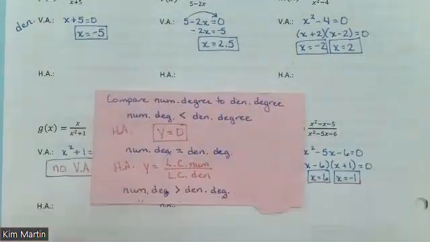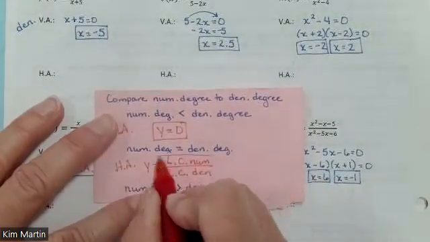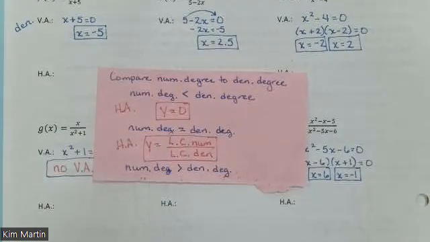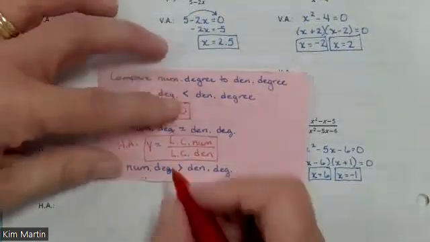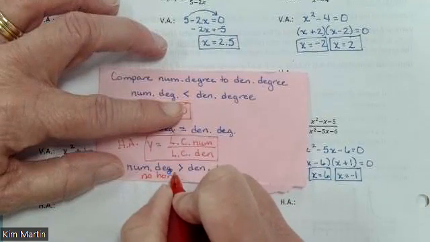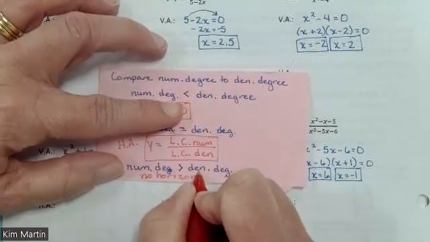And then the third scenario would be the numerator degree is greater than the denominator degree. Now, in your class, you're lucky because all you're going to write is no horizontal asymptote.